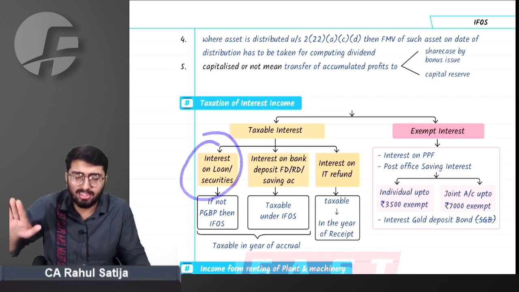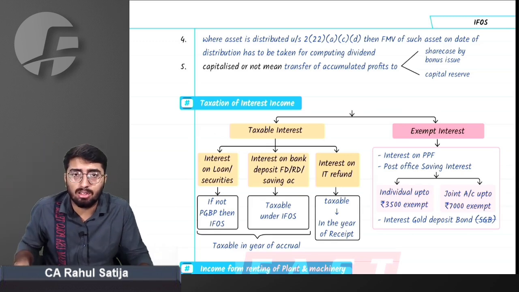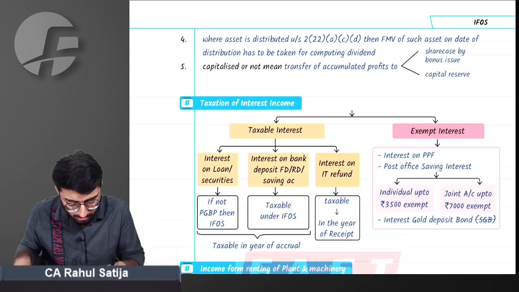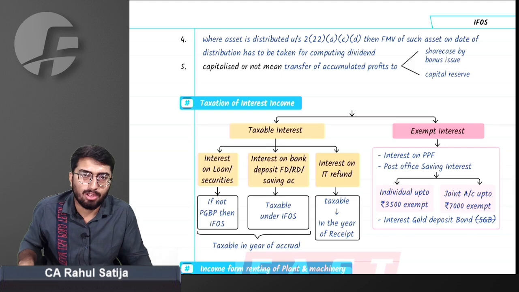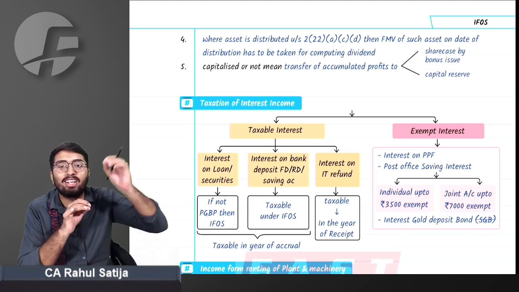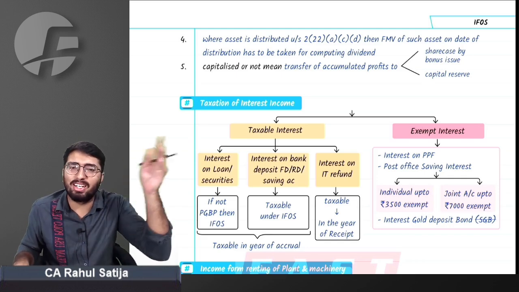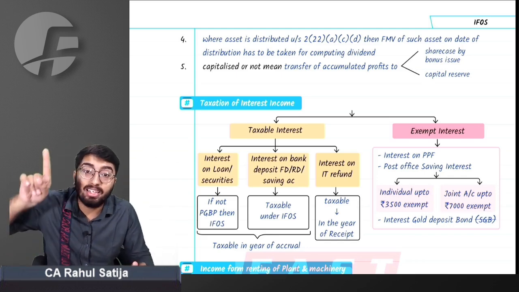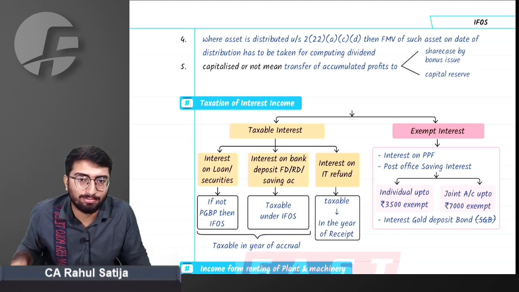Whenever interest income is received on account of a loan advanced or any kind of securities, for example bonds, then interest shall be taxable under IFOS if it is not your business. For example, if your business is providing loans, then it will be taxable under PGBP. But if your business is not providing loans, then it will be IFOS, and it will be taxable in the year of accrual and not in the year of receipt.